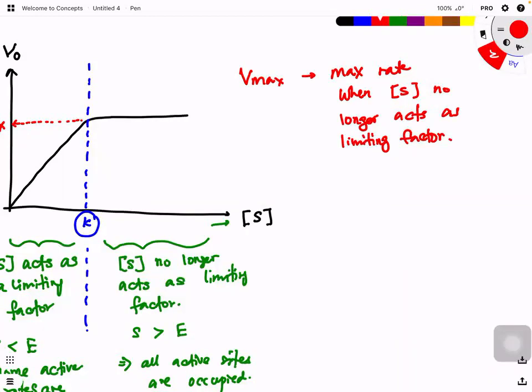Understand, guys, so far? So this is Vmax. For the next two parts of the topics, we're going to look at enzyme kinetics. We're going to look at Vmax again, so understand the concept of Vmax first. What does Vmax mean? Vmax is the maximum rate when substrate concentration no longer acts as a limiting factor.